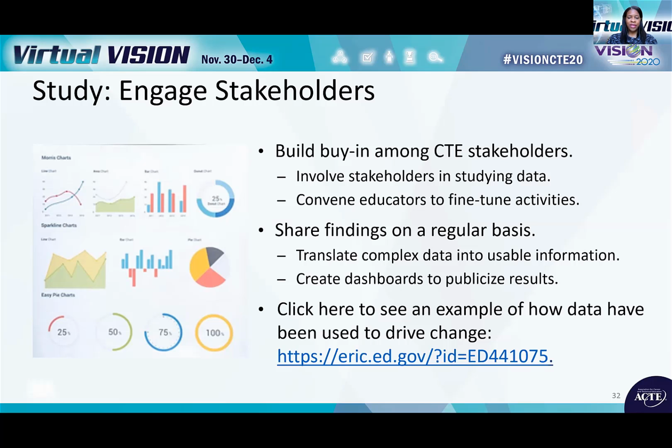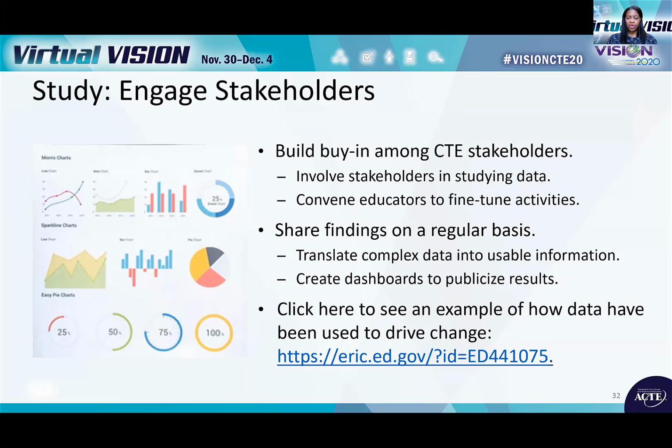And involving them in reviewing the data and research can really help to improve the accuracy of the information and communicate their results in a much more efficient and effective manner. So you'll see here on this slide, that goal is to share that information on a regular basis, share your findings on an ongoing basis, and make sure that you are sharing it in ways that are understandable.